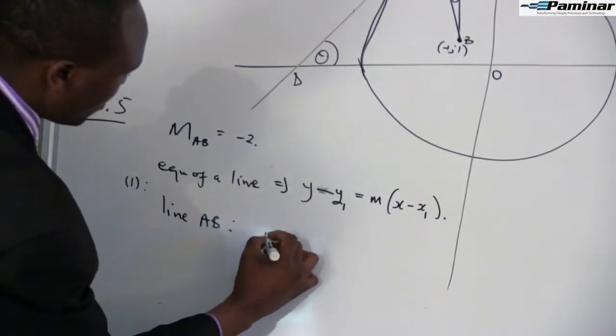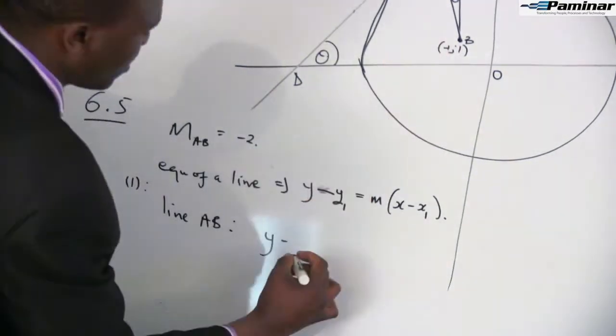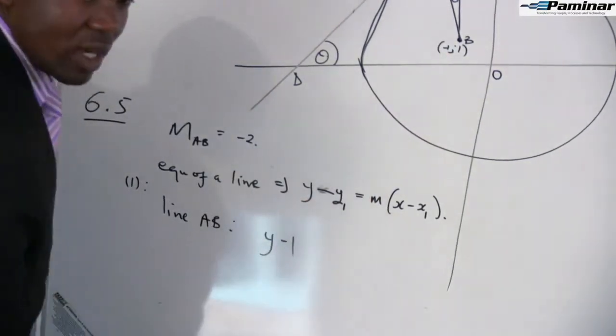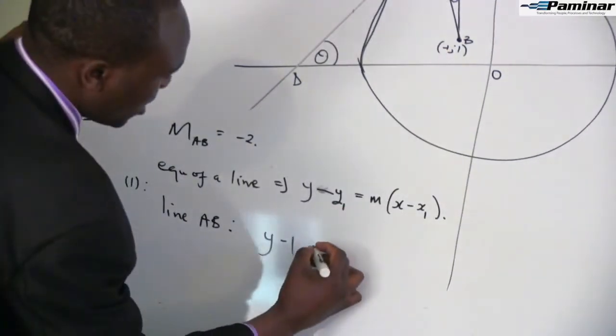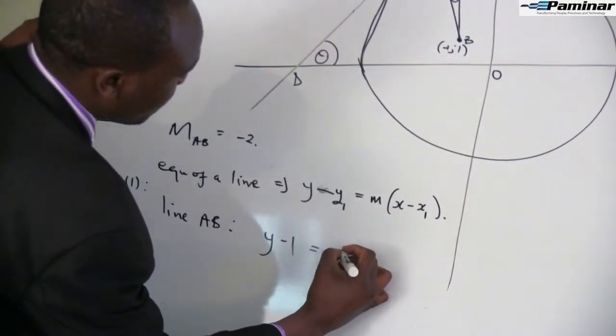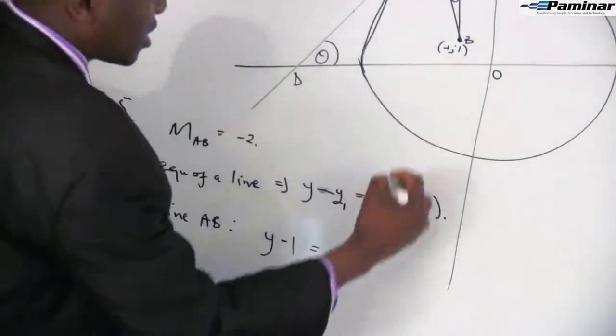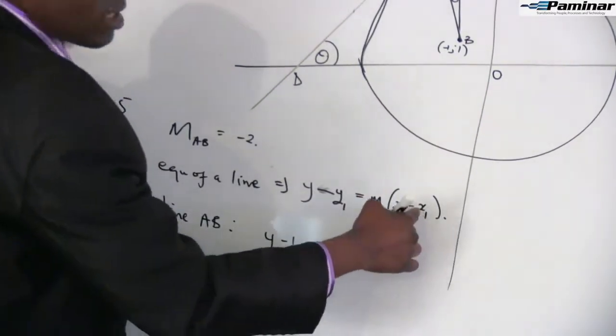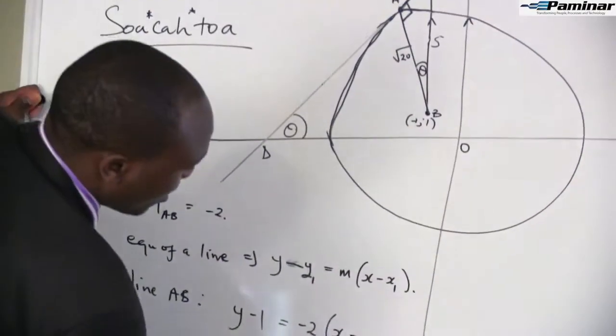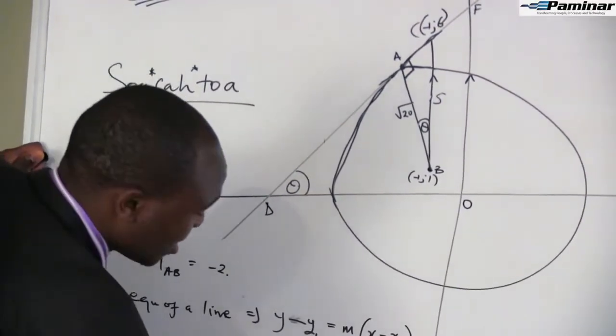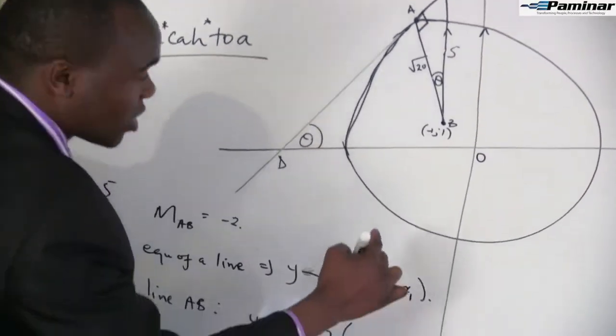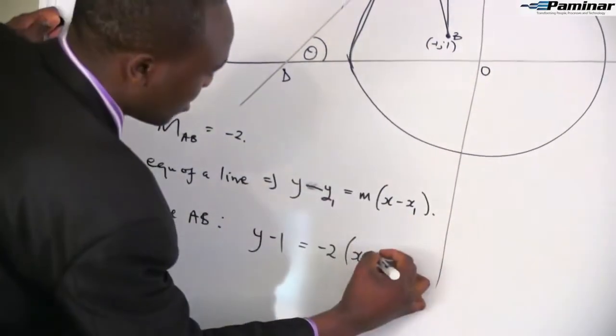Now it's going to be y minus, what is this point y? -1, right? Because it's point 1. m, what is m? -2. And then x minus -1 gives you plus, because it's -1.